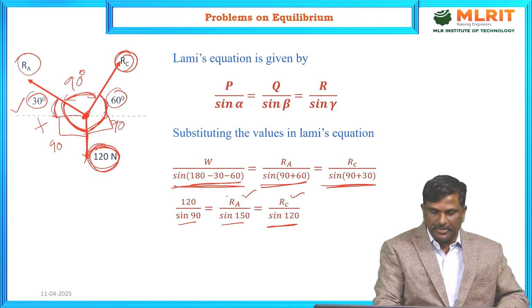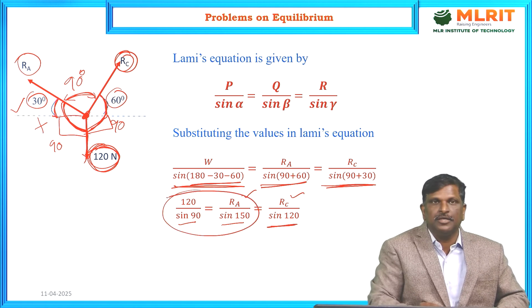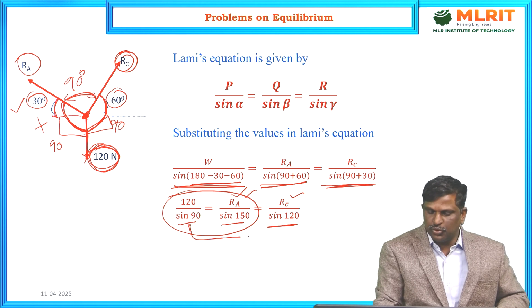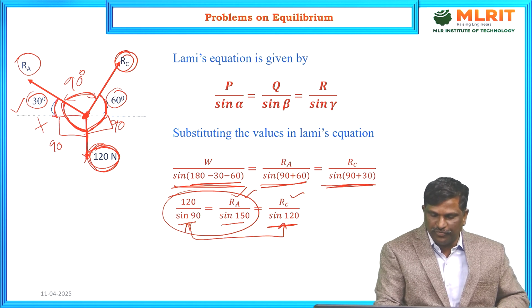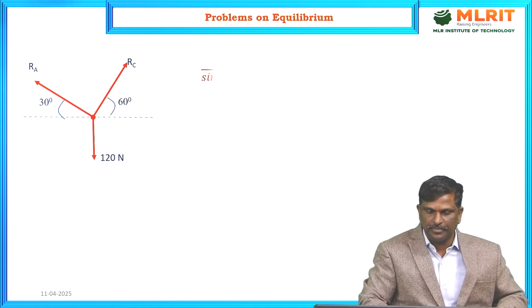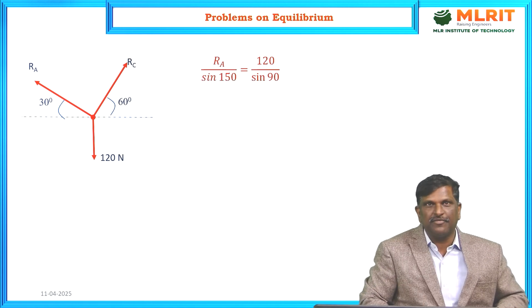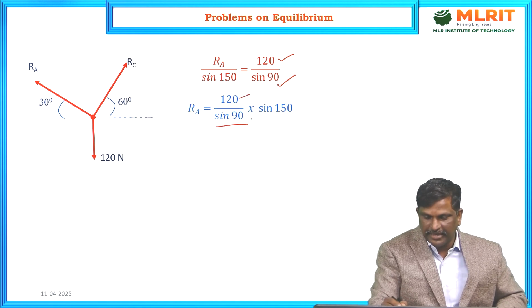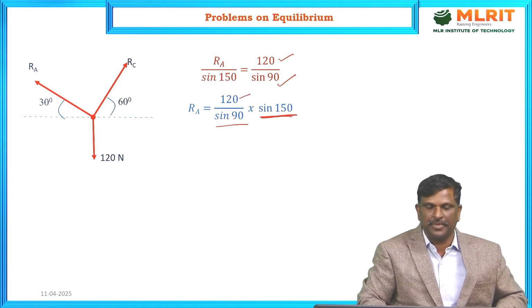Now we equate the first two terms to find RA, and then any two terms to find RC. Let us take the first two terms. RA divided by sin 150 equal to 120 by sin 90. RA is equal to 120 by sin 90 into sin 150.